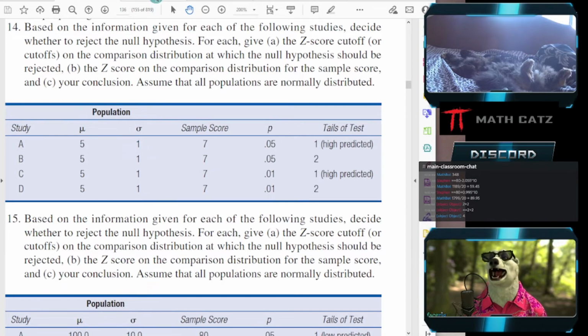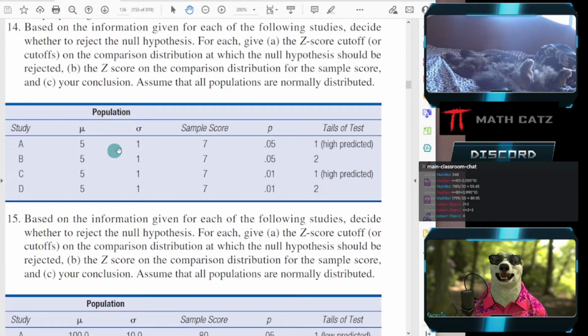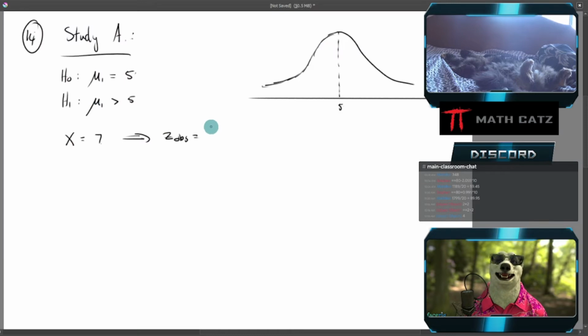And I'll draw your attention to the formula here, 3-1, which is the best one we have in the book. I know 7-7 looks similar, but we're not there yet. To calculate the z-score, we take the raw score minus the mean over the standard deviation, and this is now the population parameters instead. So we have our raw score. I'll write it like this for us.